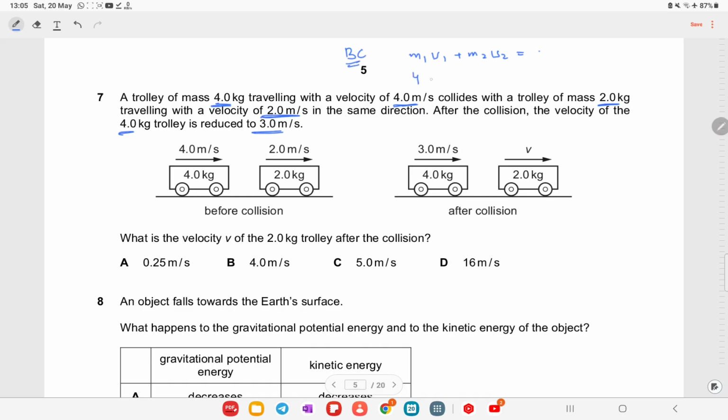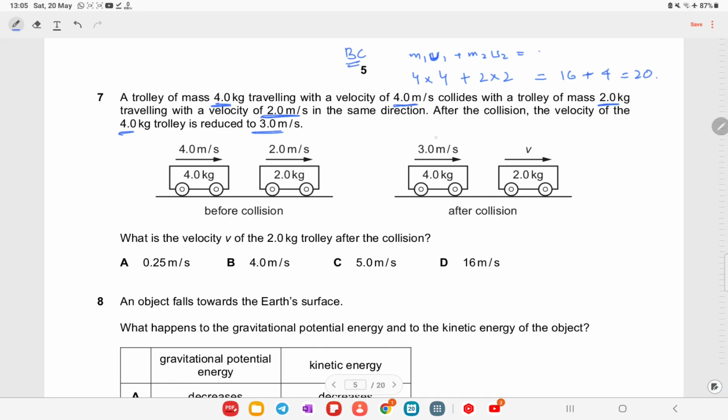So it's going to be the mass of the first trolley times the initial velocity of the first trolley plus the mass of the second trolley times the velocity of the second trolley. U stands for initial velocity. Both are initial velocities. So 4 times 4 is 16, 16 plus 4 is 20. So it means that before collision the momentum was 20.